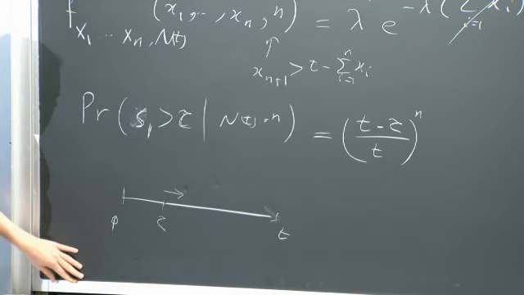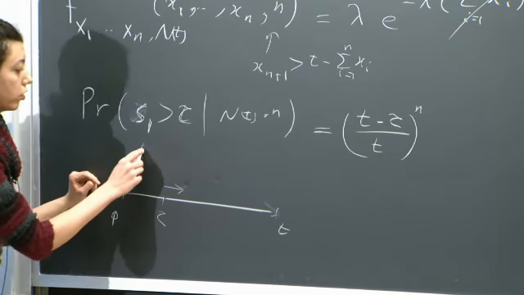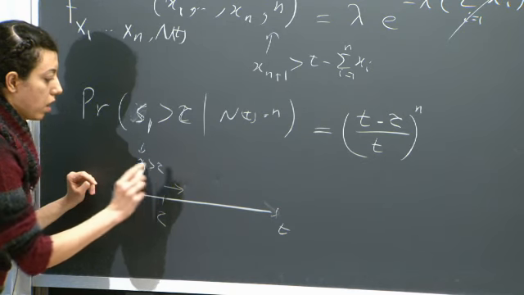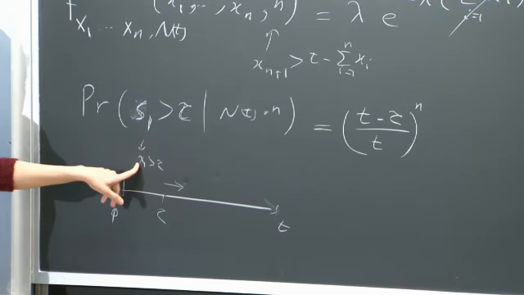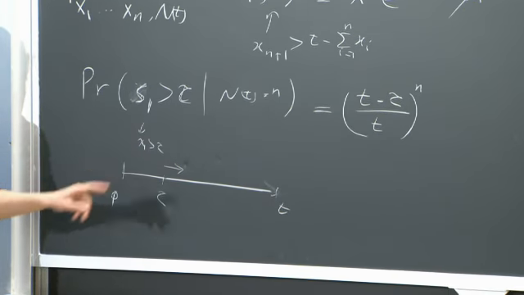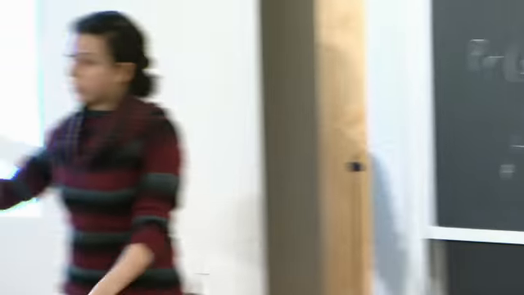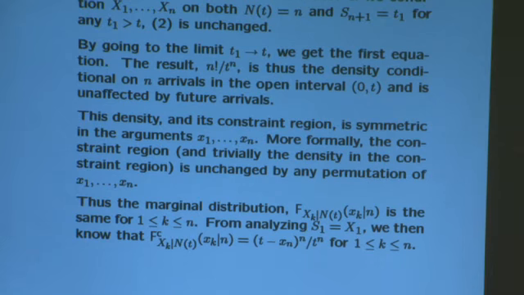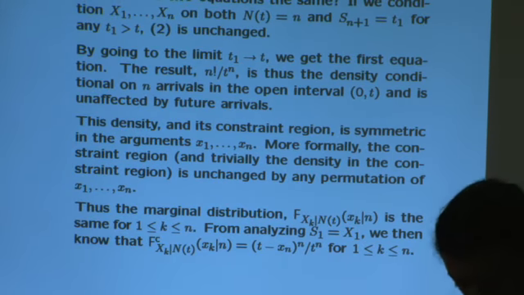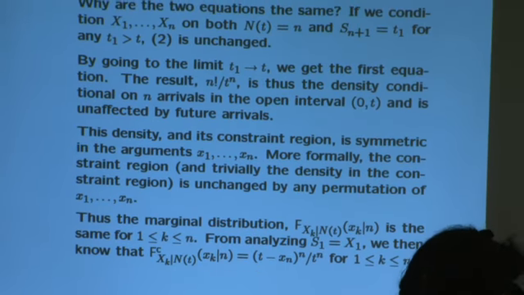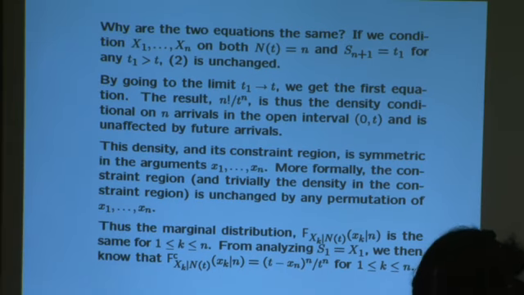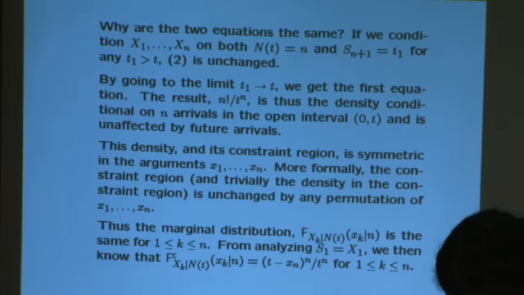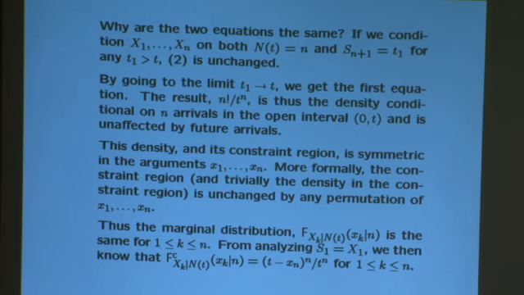And since this is symmetric, this corresponds to x1. Since everything was symmetric for all inter-arrival times, this is also the complementary distribution function for x_k. Is there any question?